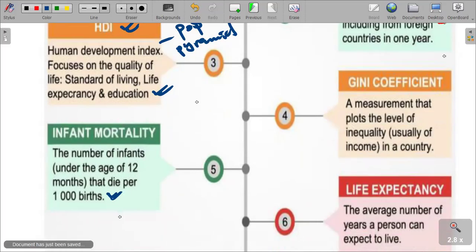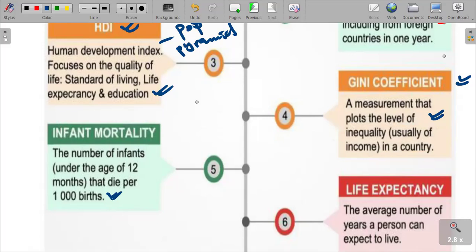The Gini coefficient, which is point number 4, is a measure that plots the level of inequality, usually income, in a country. In a well-developed country, the existence of inequality is quite low.